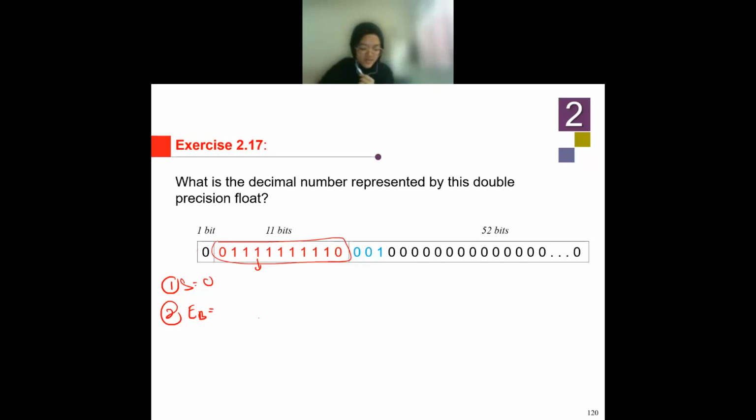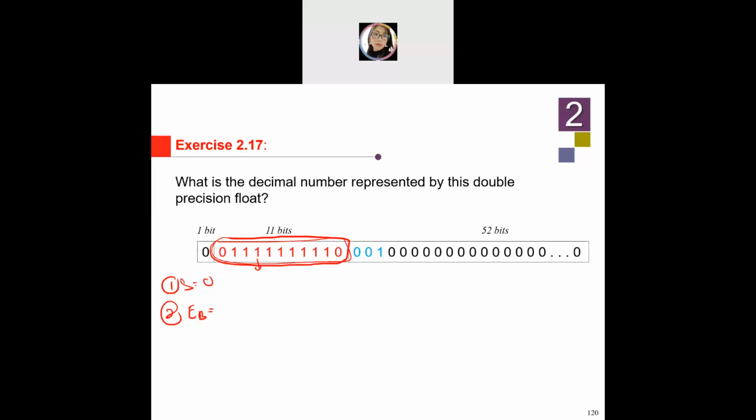Do it again? -2. Huh? EB, not E prime. EB. This one, you just convert this to decimal. I convert in the calculator, I got -2. Seriously, you get -2?